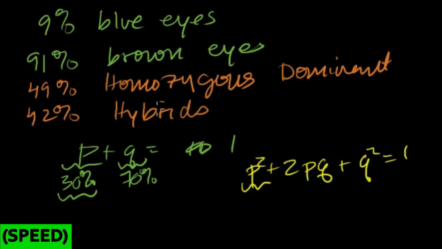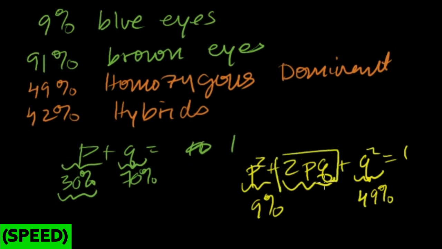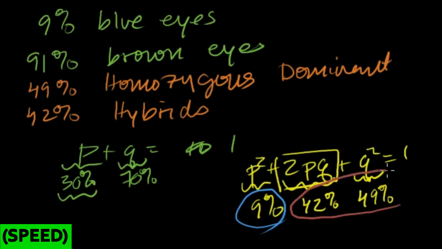They have two blue alleles, so that's 9%. This is the percentage of the population that has two brown alleles, homozygous dominant, so that is 49%. And then this 2PQ term is what's left over. So 9 plus 49 is 58, so this is going to be 42%. 42% are hybrids. And if I just talked about phenotypes, I'd say 9% have blue eyes, and the remainder, 91%, have brown eyes. So hopefully you found that reasonably useful, just from very simple deductions.